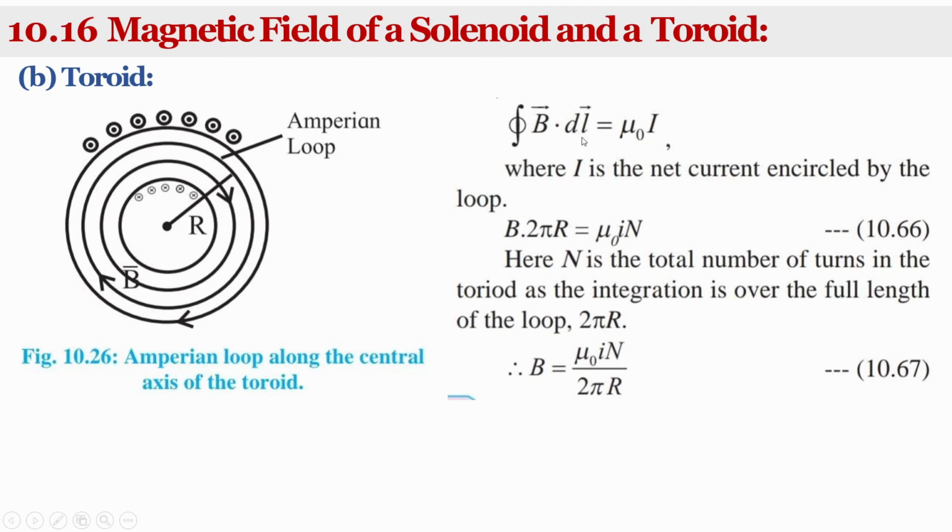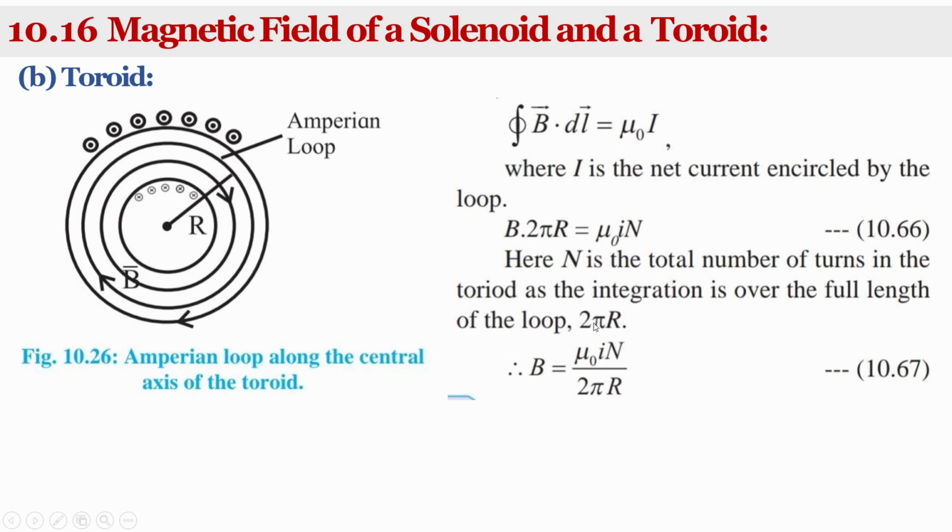The integral of dl is the length of the loop, which for a whole circle is the circumference, 2 pi r, where r is the radius of the loop. So B into 2 pi r equals mu naught times the total current I, which is I into N, where N is the total number of turns in the toroid, as the integration is over the full length of the loop.